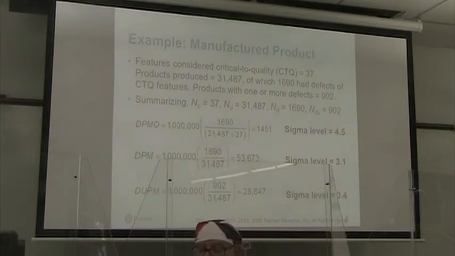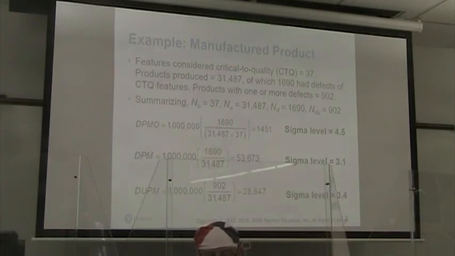That puts it at a sigma level of 4.5. The defects per million equals 1 million times 1,690 defects divided by 31,487, for 53,673, putting it at a sigma level of 3.1.